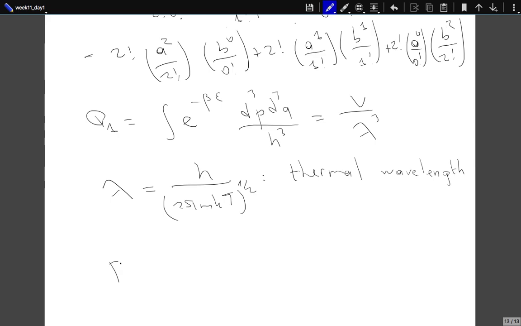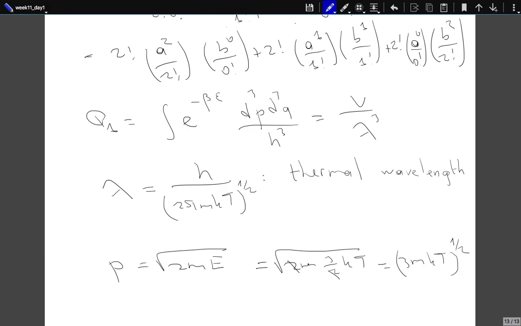It has a momentum given by the square root of 2mE, E being its energy. Well, the average energy of a single particle is 3 over 2 kT. So the 2's will cancel. This is equal to (3 m kT) to the power 1/2.